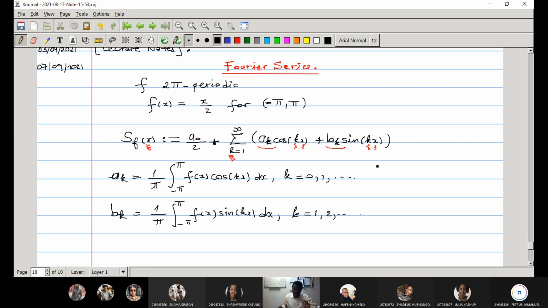I want that to be clear, because in some tests, I realized that when you give a piecewise function defined with different values, people don't even know how to split this interval to substitute the corresponding expression of f. This just indicates that the person does not understand integrals at all. I can substitute this directly because my interval here is from negative pi to pi, and the expression of my f is exactly on that same interval.